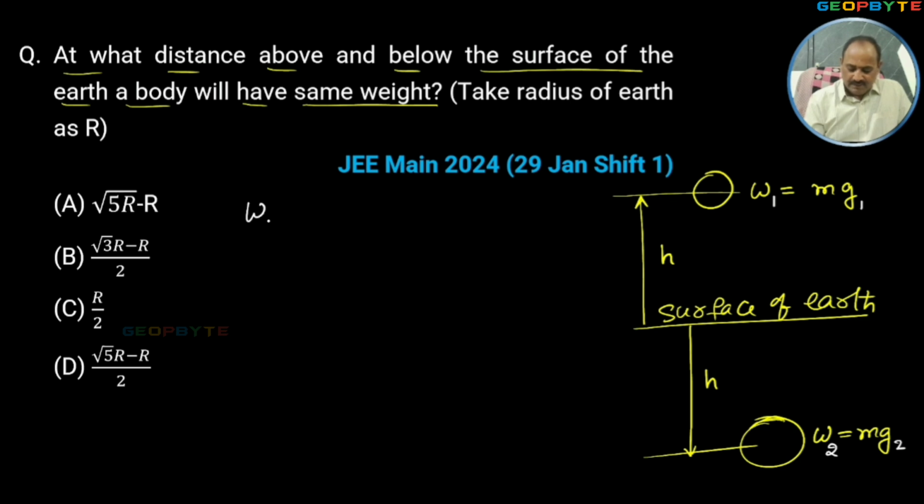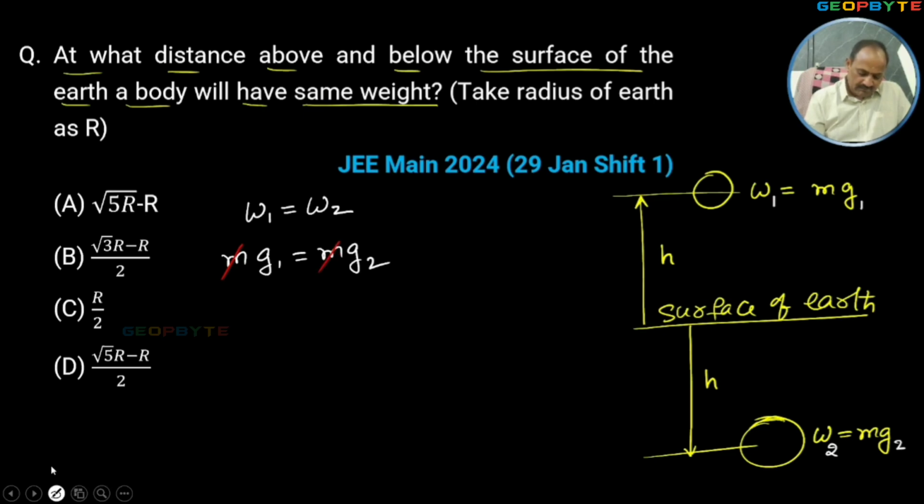Then at what height and depth from the surface of the earth is w1 equal to w2? That is the question. Here w1 I can write as mg1 equal to mg2. This m is cancelling.